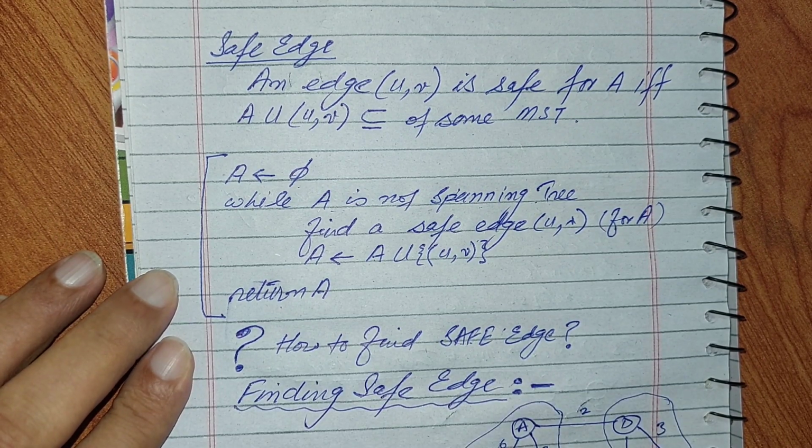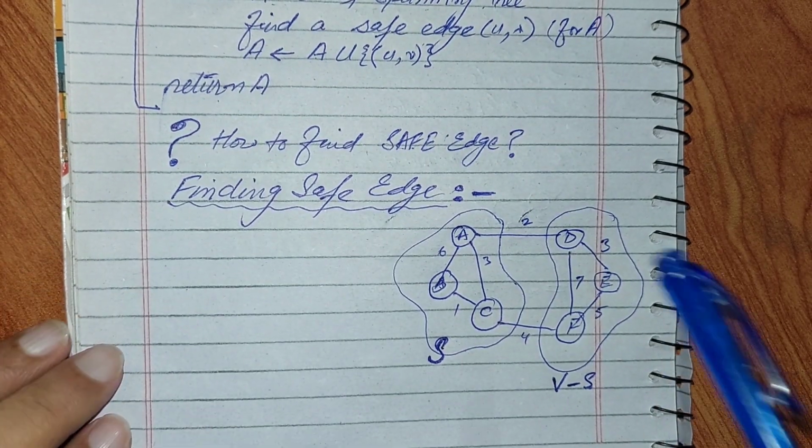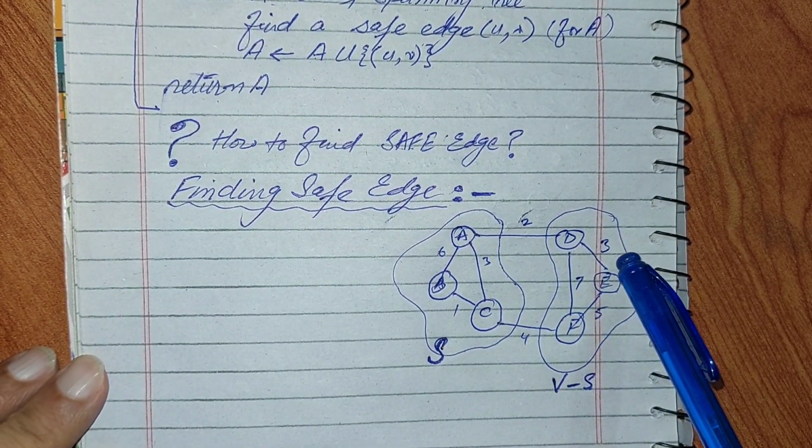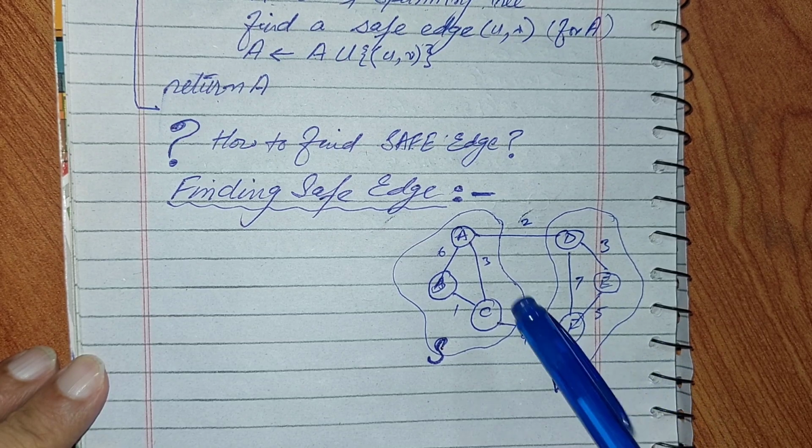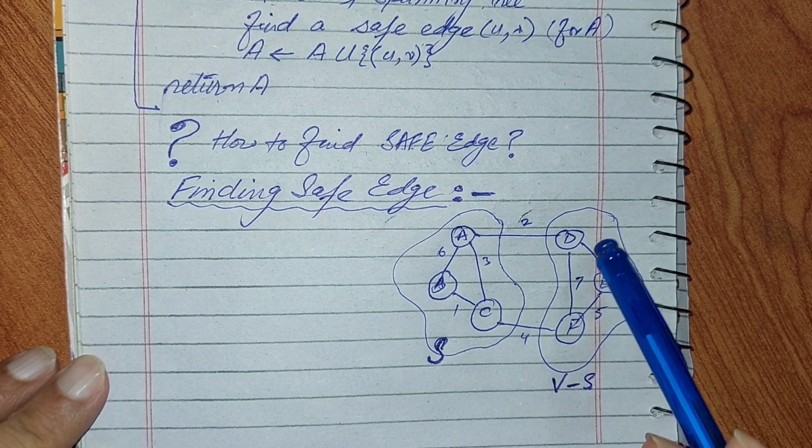Suppose we have this example in which there are 6 vertices, multiple edges, and every edge has some cost.